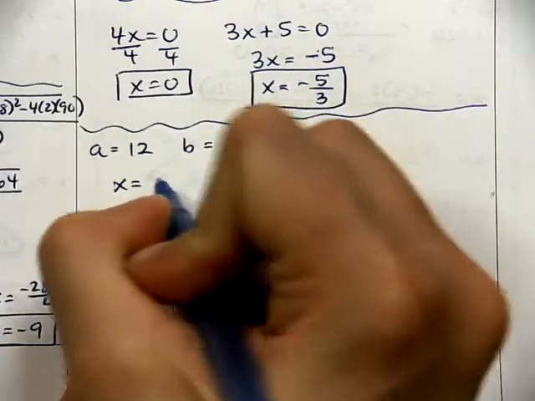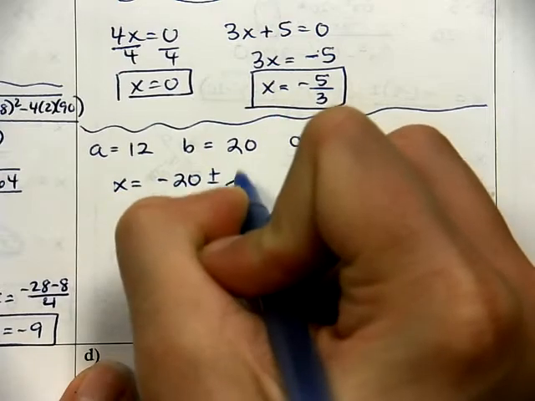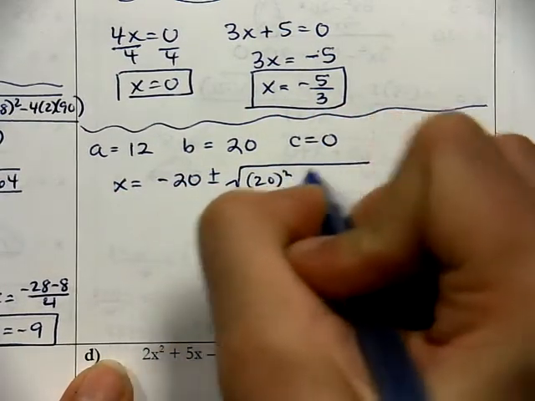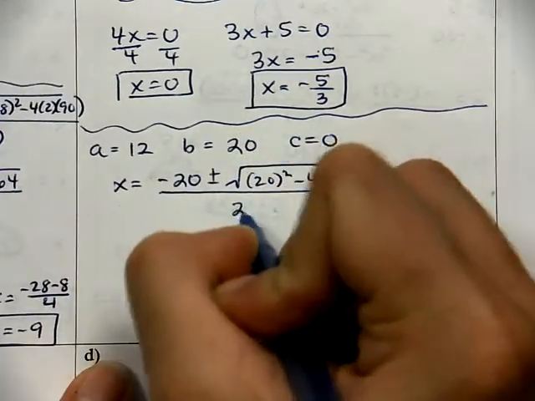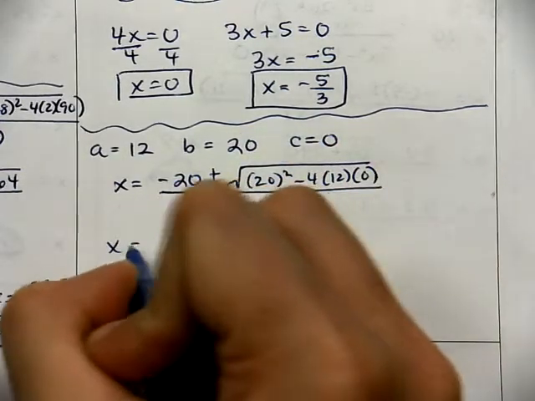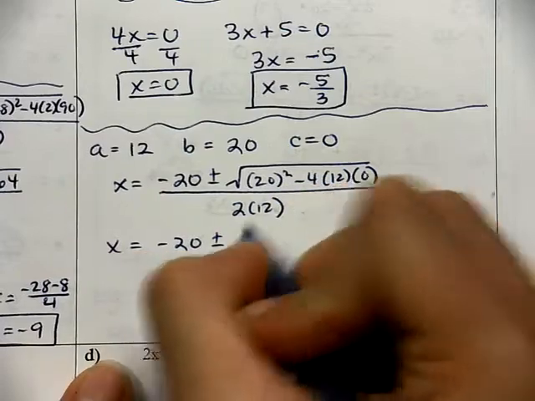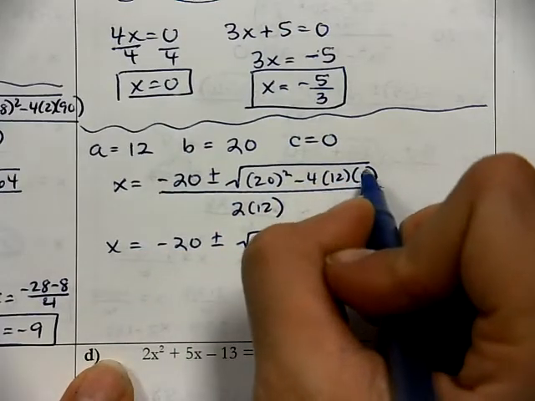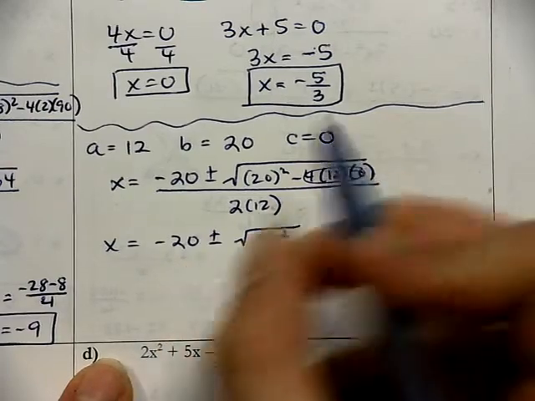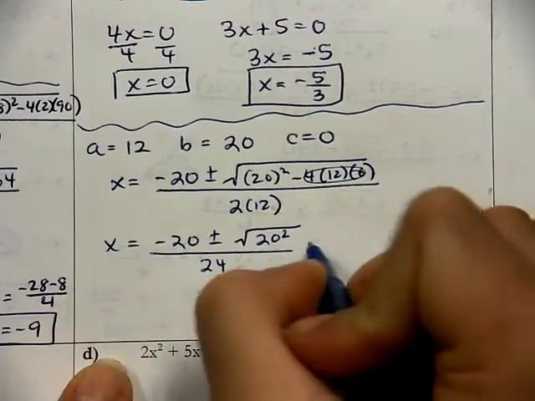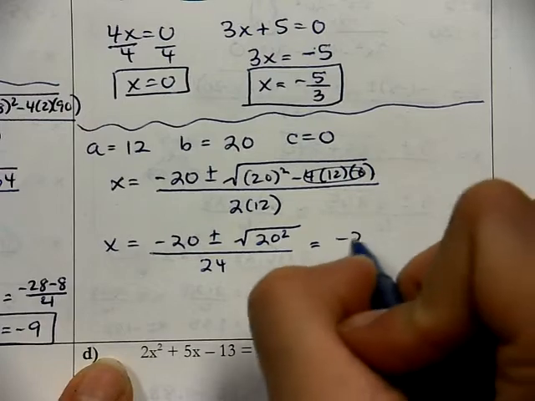So we would have x equals negative b plus or minus the square root of b squared minus 4ac all over 2a. So x equals negative 20 plus or minus, well, this will be just, that's all 0, so square root of 20 squared. Let's just leave that as 20 squared, and you'll see why I'm doing that, because the square root of 20 squared is just 20.